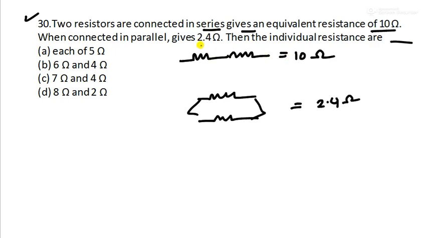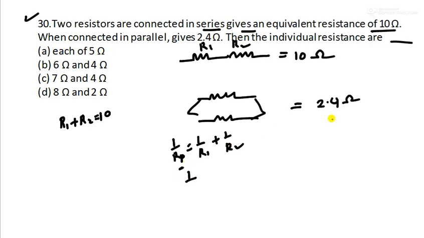So for series we have R1 plus R2, which gives 10. And for parallel, 1 by Rp is equal to 1 by R1 plus 1 by R2. Instead of Rp they have given 2.4, so 1 by 2.4 is equal to 1 by R1 plus 1 by R2.